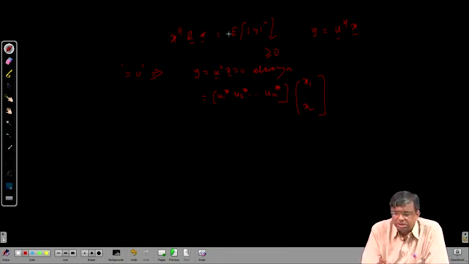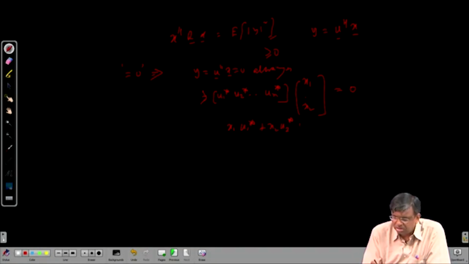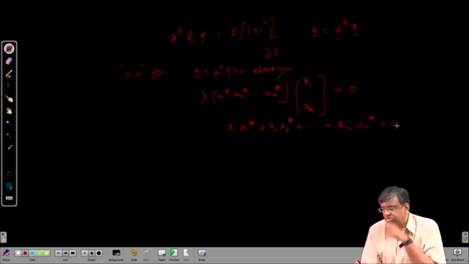As I told you, if this expected value has to be 0, then Y must be 0 in all experiments. Then only mod Y is 0, and therefore mod Y square when averaged gives you 0. But this means U Hermitian X is equal to 0, which means U1 star x1, which is a scalar of your choice, can be 2, 3, 4, anything, plus x2 U2 star and so on, up to xn Un star, is equal to 0.